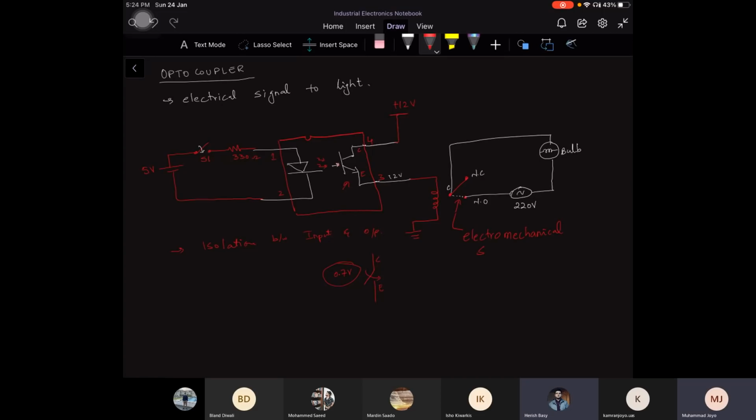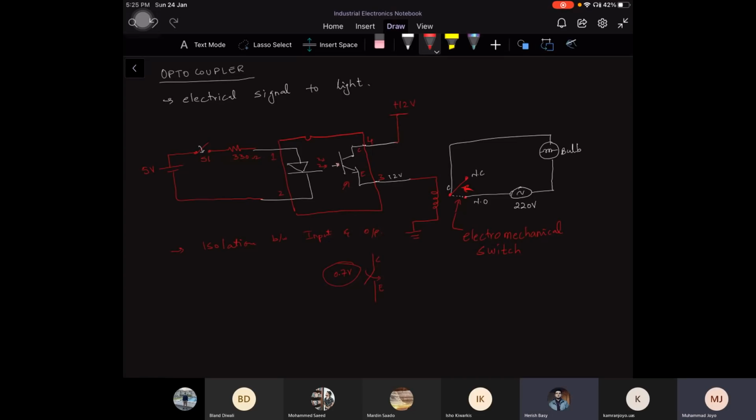It means that there is a metallic bar inside the relay, and this is actually a metallic bar. So it has a certain speed. You cannot turn it on and turn it off at a very high rate. Maybe you can turn it on and off 10 times in 1 second, but you cannot do it 1000 times in 1 second because it is a physical relay.